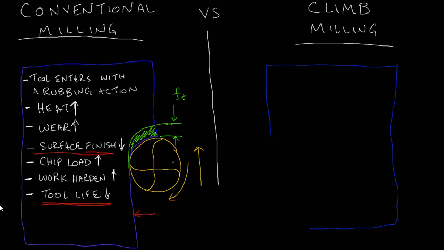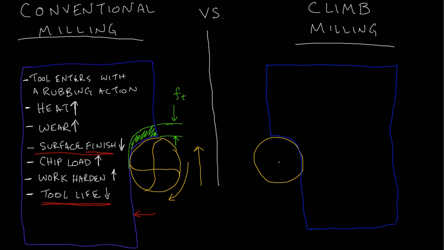And as it's cutting, we'll draw our cutter here. And so this is the material that's been already cut away. We'll go back and we'll draw our teeth on here.